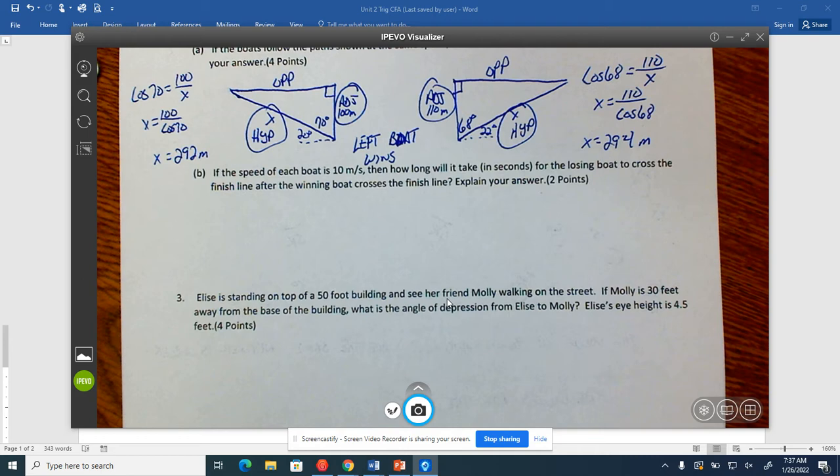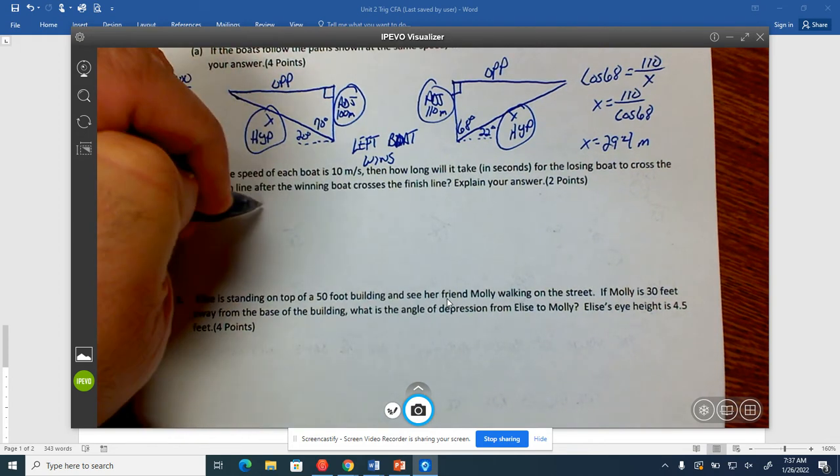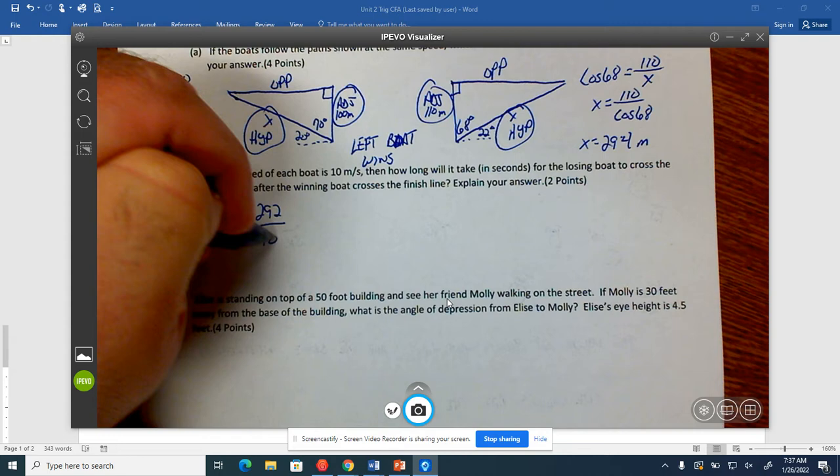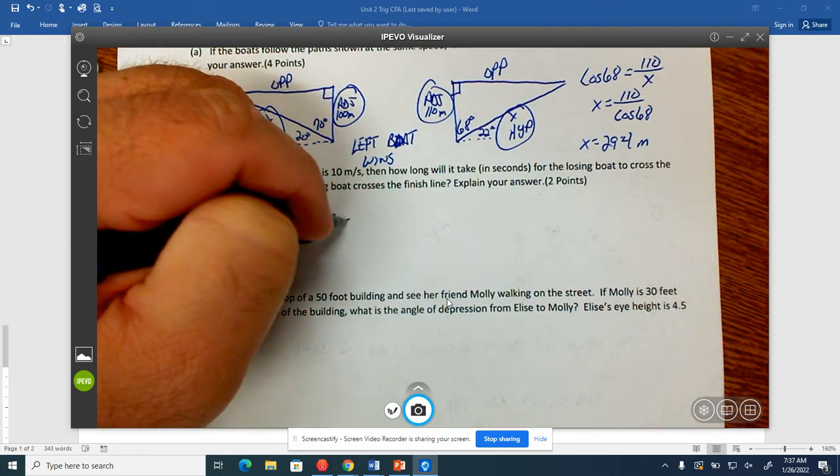If the speed of each boat is 10 meters per second, then how long will it take in seconds for the losing boat to cross the finish line after the winning boat crosses? So, 10 meters a second. If I take 292 divided by 10 on the left boat, it took 29.2 seconds.